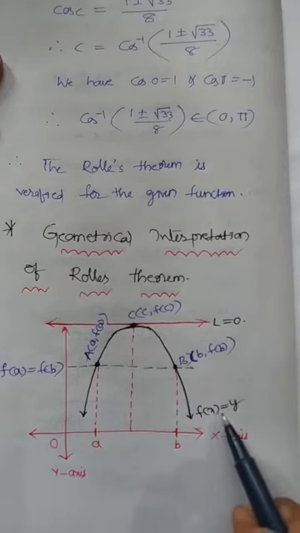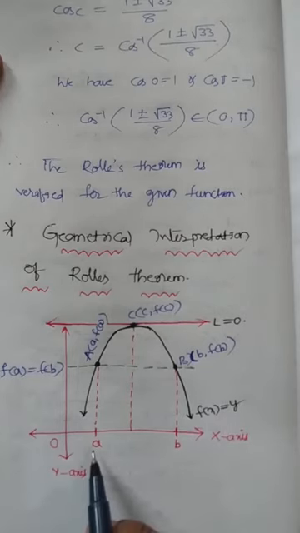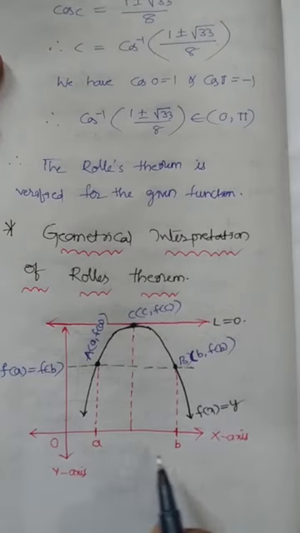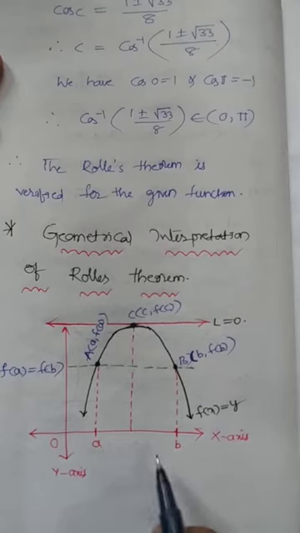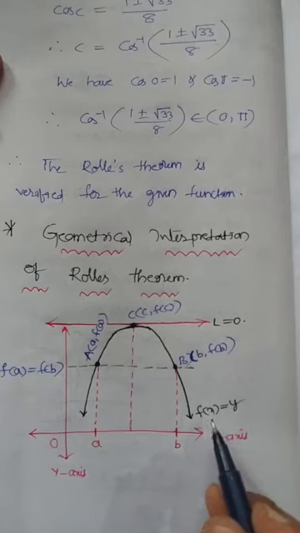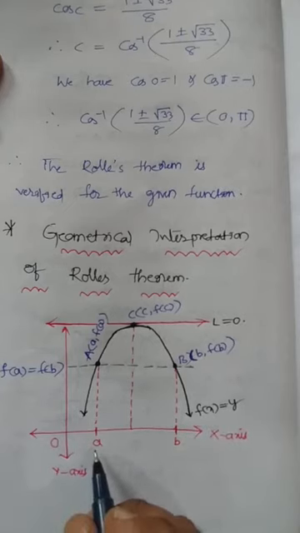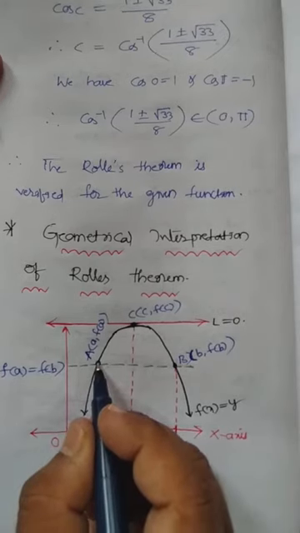What is our function? Y is equals to f of x. It is defined in the closed interval a comma b. Okay, it is defined in the closed interval a comma b. Our function is what now? Y is equals to f of x. Since it is a, then the point on the curve must be what now?